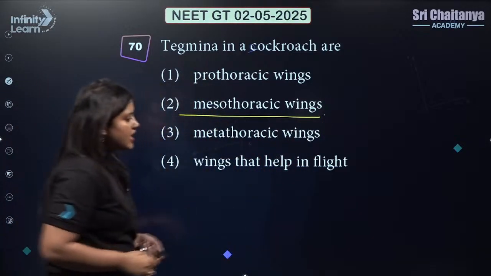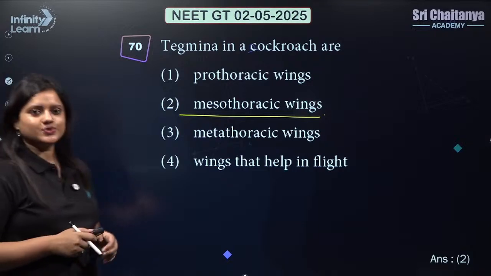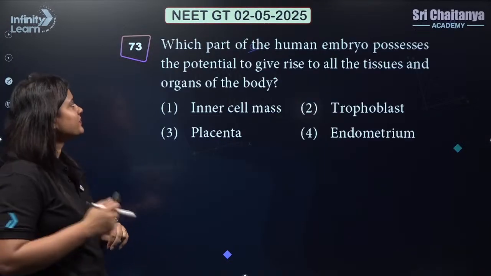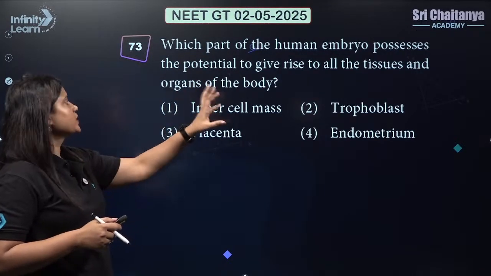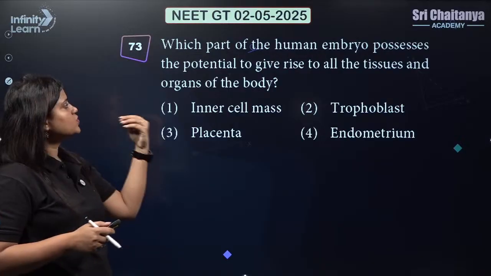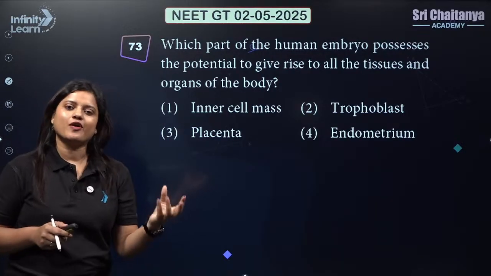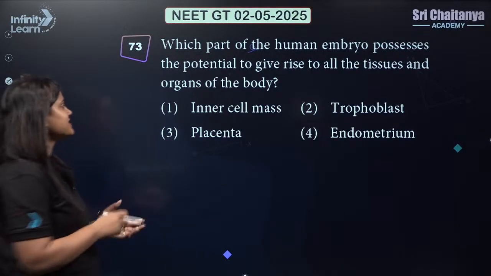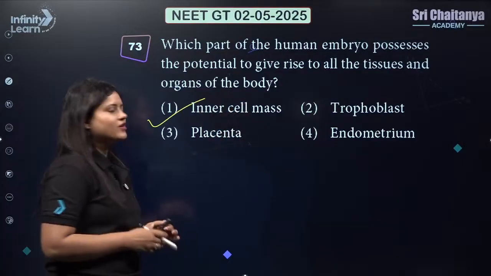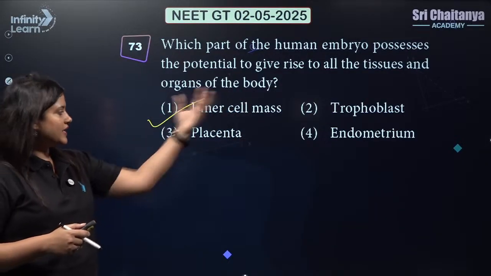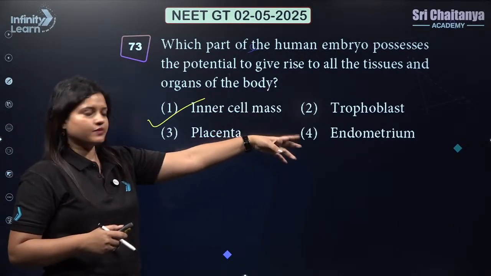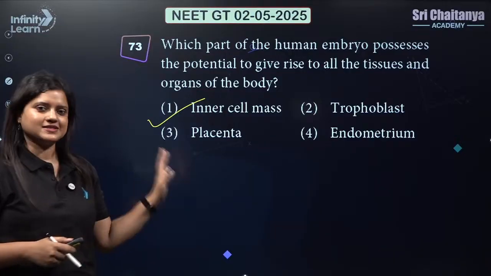Okay, answer should be 2. Right. Which part of the human embryo possesses the potential to give rise to all the tissues and organs of the body? Definitely inner cell mass, and not any other options that are given, trophoblast or endometrium or placenta. Easy.